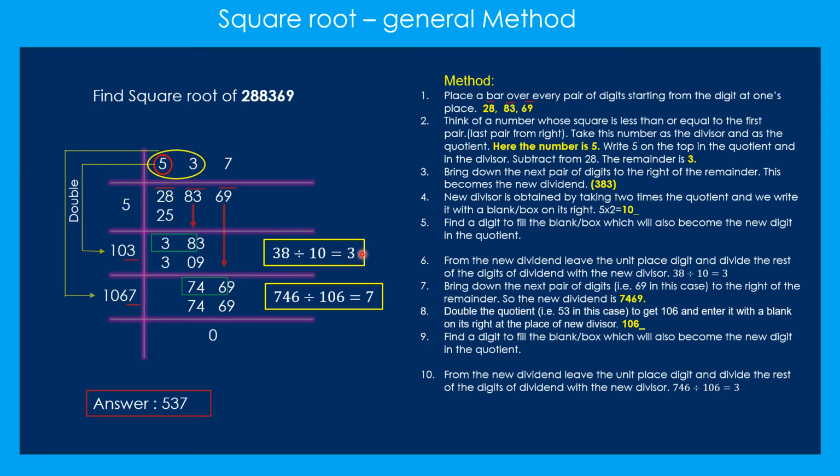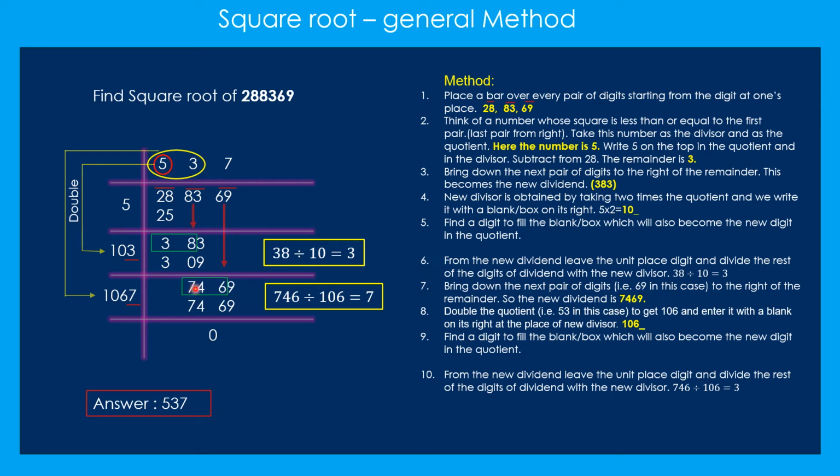So this 3 is added to the blank space as well as to the quotient here. So we write 103 and 3 is also added here on the top of the quotient. So 103 times 3 is 309. So you subtract and you get the remainder 74.